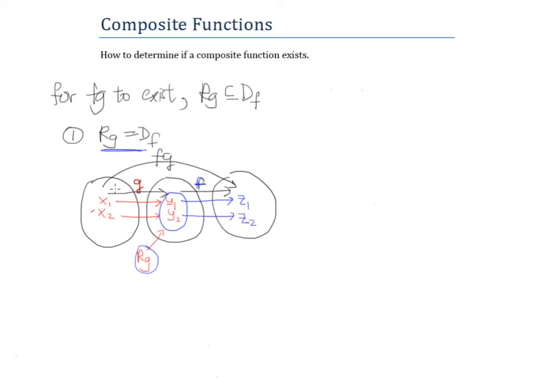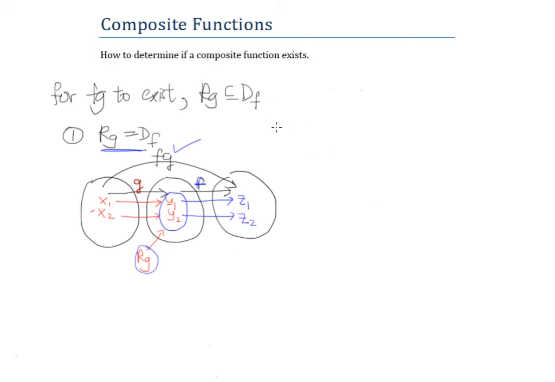So in this case, as you can see, nobody is left out. Everyone from x1 to x2 is accounted for and becomes z1, z2. There isn't any loss in translation along the way, so this shortcut can exist. This is the first case whereby the composite function can exist.